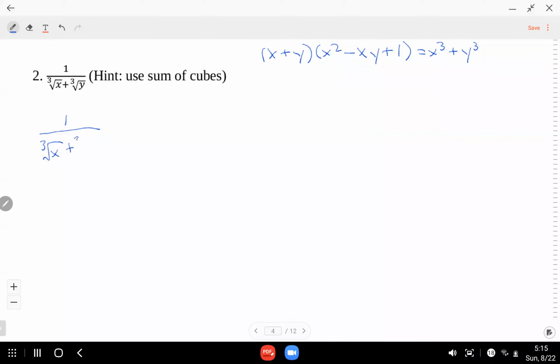To rationalize our denominator, we need to not have radicals. And the thing is that it's literally being given to you, the answer, because they already put the first part in here. All you need to do is multiply by the cube root of x squared minus the cube root of xy plus the cube root of y squared. Hold on, just bear with me here.